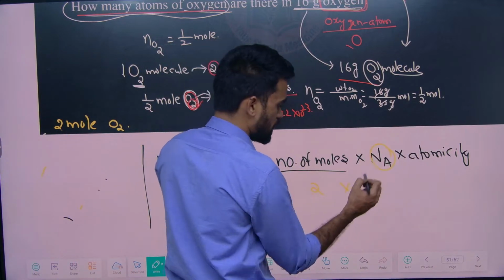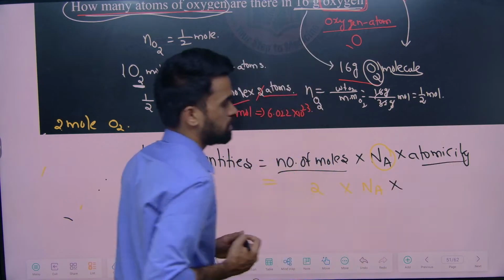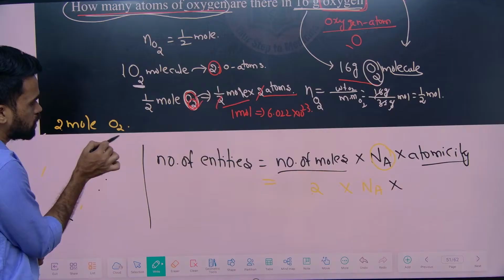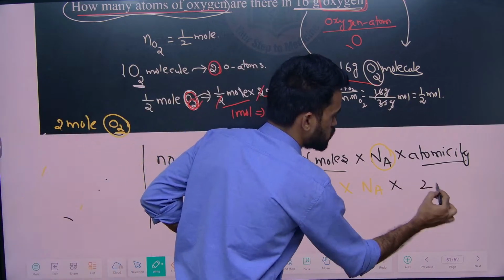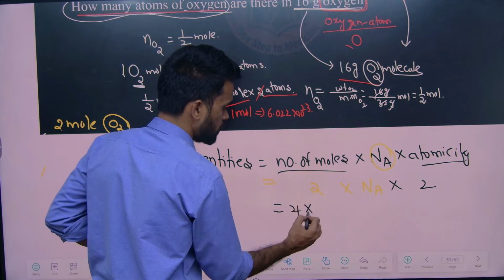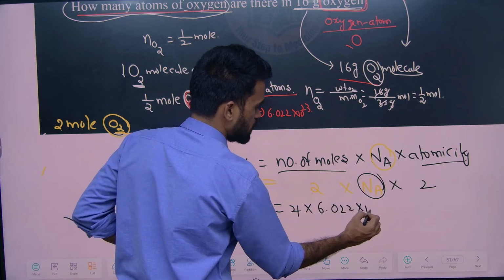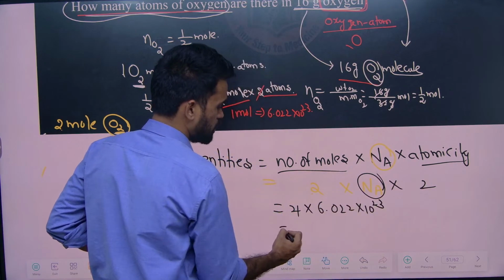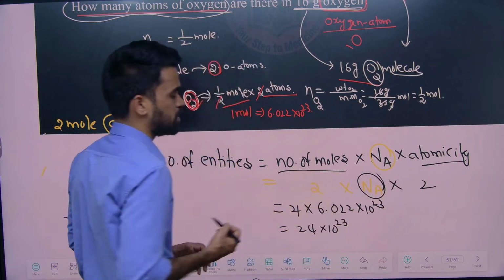So 2 into Avogadro number here, 2 NA, into what is the atomicity in the question? See, an oxygen molecule contains 2 atoms. So atomicity here should be 2. So this is your final answer. 2 into 2, 4 into Avogadro number. Avogadro number means 6.022 into 10 power 23. So upon simplifying this, 24 into 10 power 23, something like this, you will get the final answer.